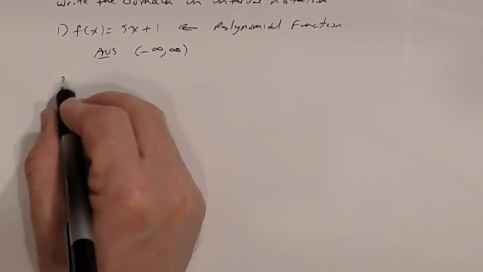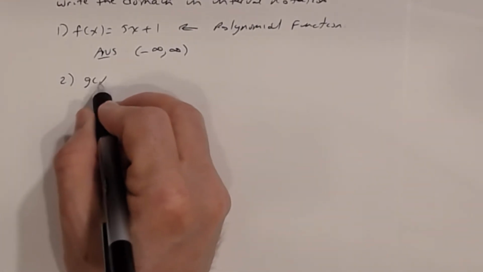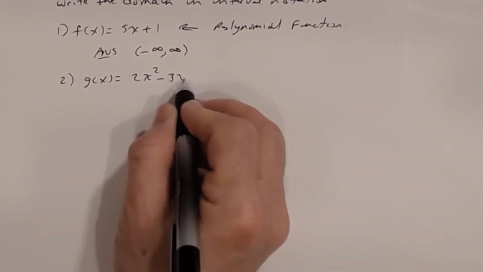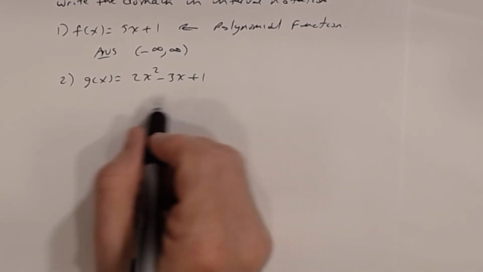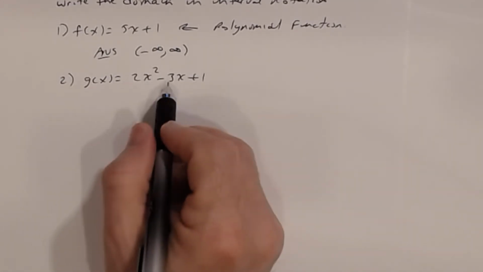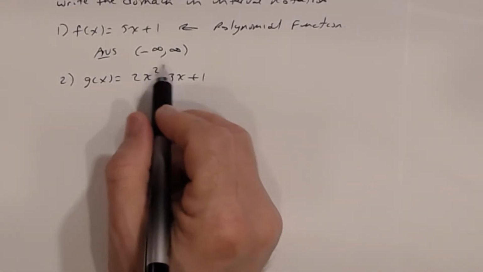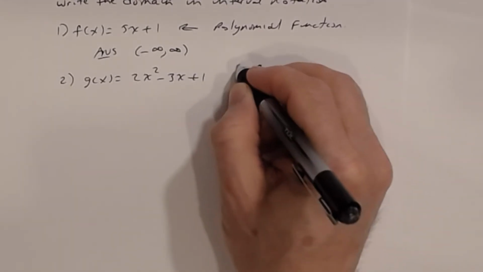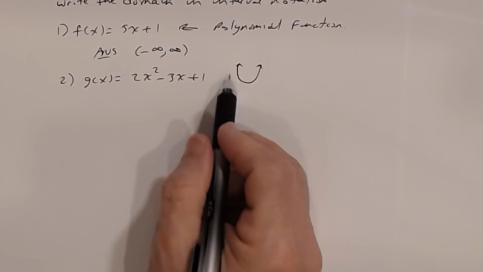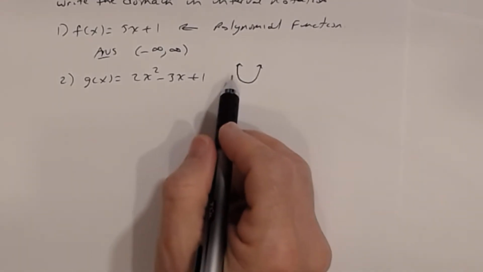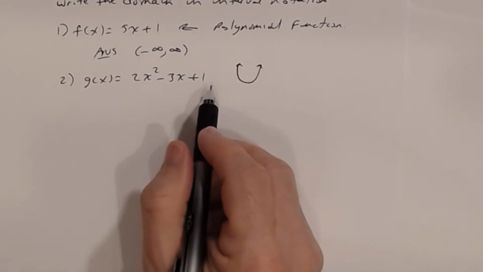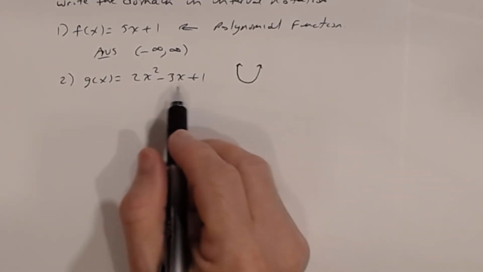Number two, g of x equals 2x squared minus 3x plus 1. Again, all of you know that this is quadratic, and the graph of a quadratic function is a parabola. In this case, it's going to open up, but notice that the domain here is from negative infinity to infinity, all real numbers.